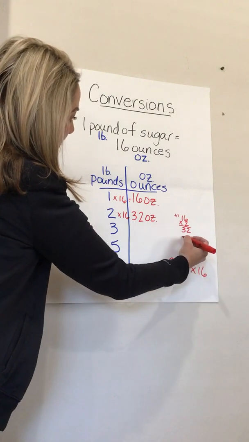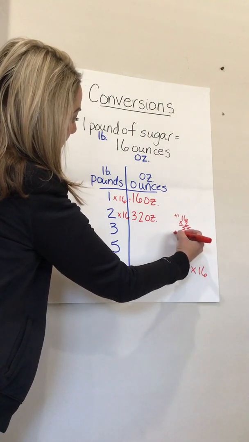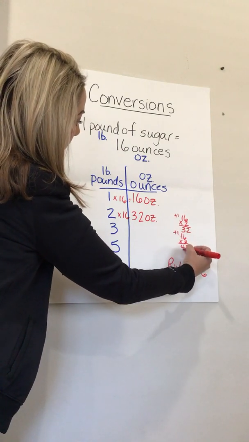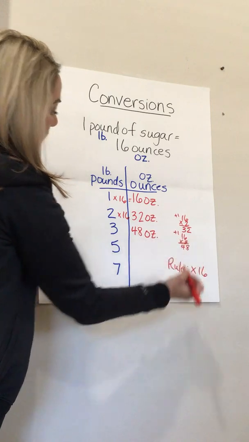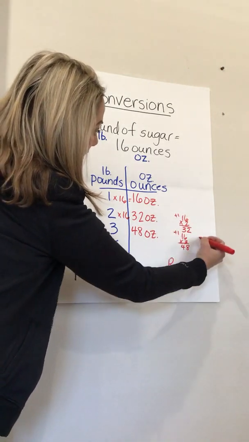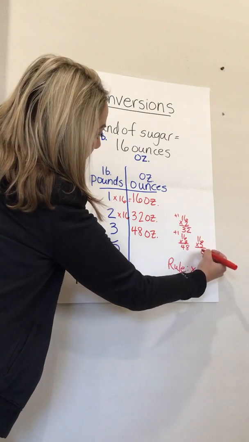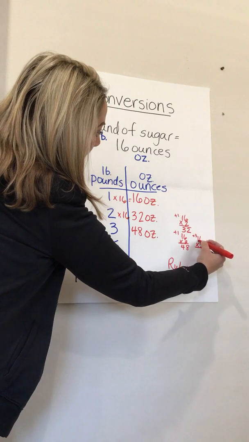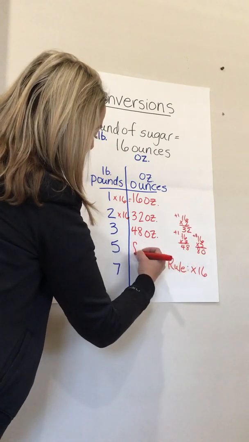Okay, 16 times 3, 6 times 3 is 18, 3, 4, 48 ounces. Okay, 5 pounds of sugar. Again, this is just where I'm doing my work. 5 groups of 16 would be 30, plus 50 is 80 ounces.